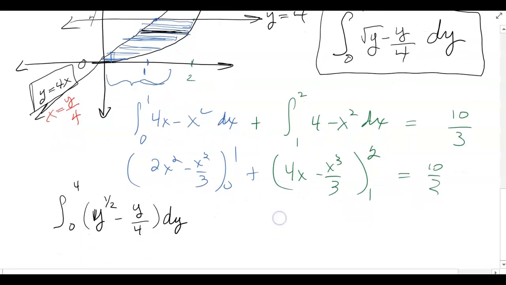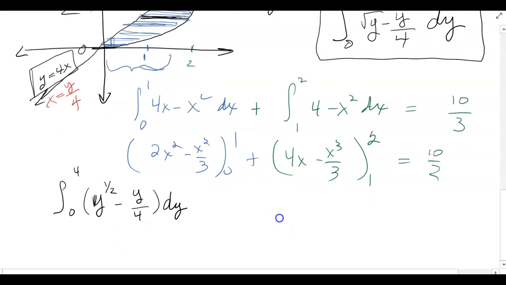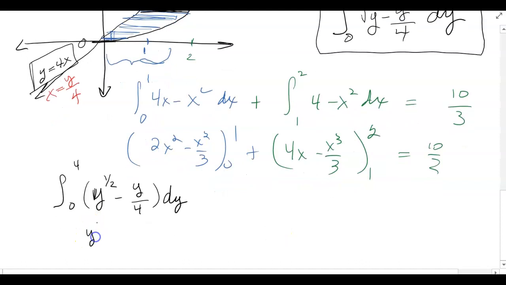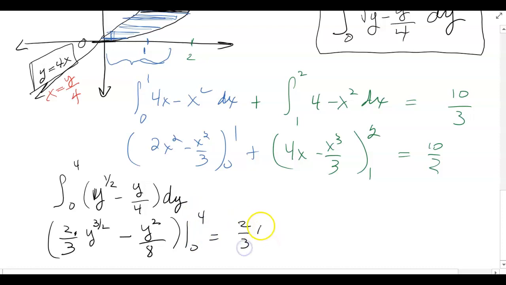And let's integrate. Integrate the same way you integrate with x. Same idea. So y to the 1/2 becomes y to the 3/2 divided by 3/2, which is multiplication by 2/3. Y squared divided by 2 gives me y squared over 8. And now I'm going to go from 0 to 4. Plug in my values. So I have 2/3 times 4 to the 3/2, minus 4 squared, 16 over 8.